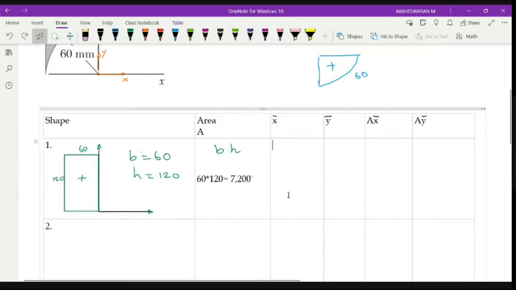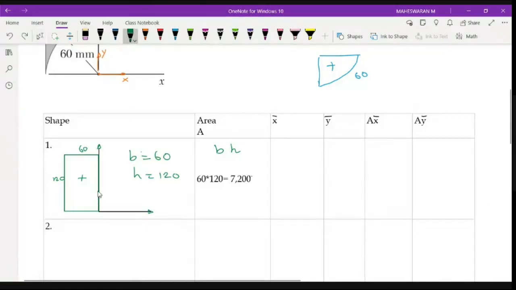Okay. So next, x bar. So look at x bar. So x bar has to be minus b by 2. Why did I put minus? Because it is in the second quadrant, right? In the second quadrant, x is negative, y is positive. So that's why I put minus b by 2.